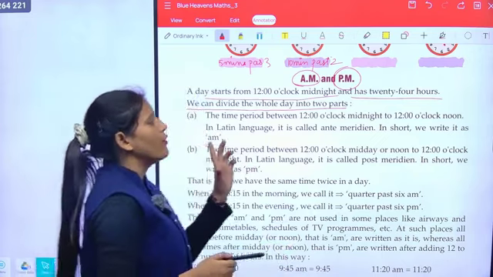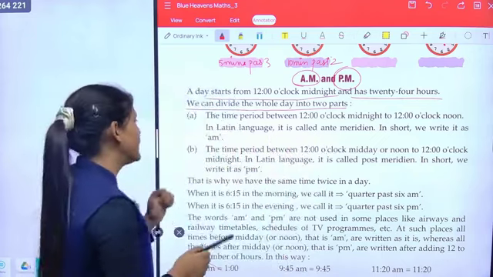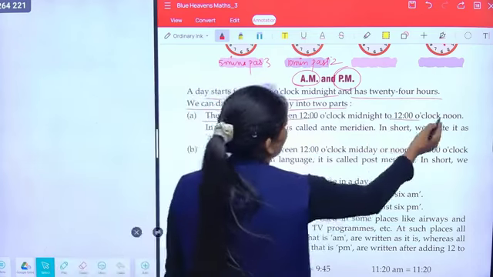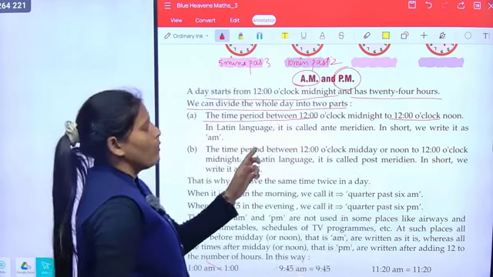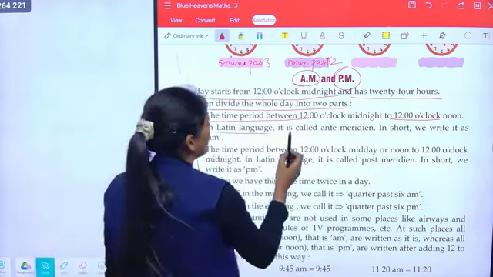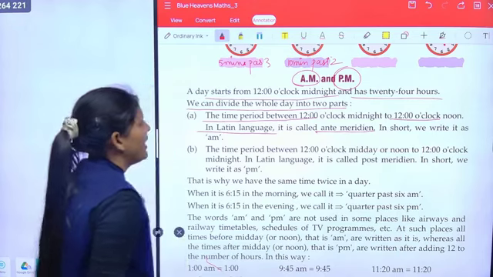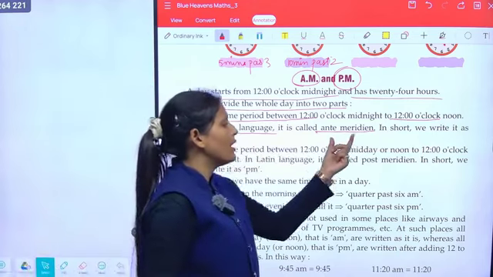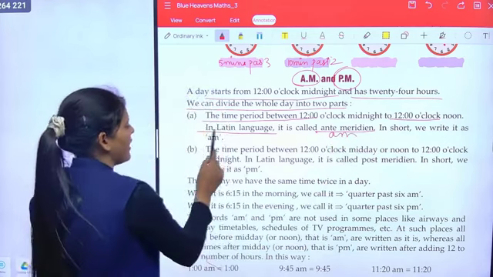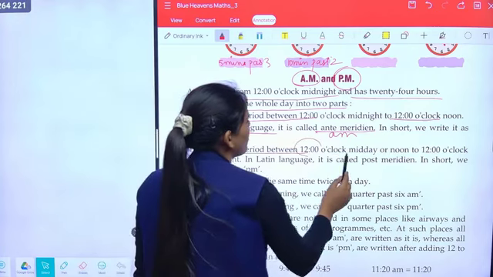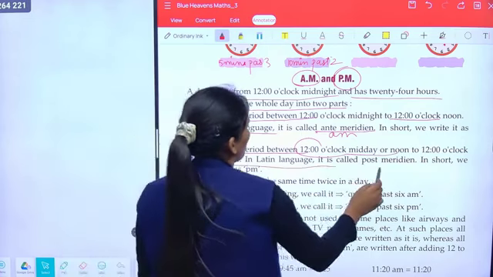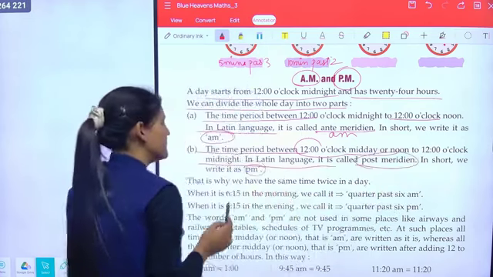Like the time period between 12 o'clock midnight to 12 o'clock noon, in Latin language it is called ante meridian, in short AM. The time period between 12 o'clock midday or noon to 12 o'clock midnight in Latin language is called post meridian, in short PM.